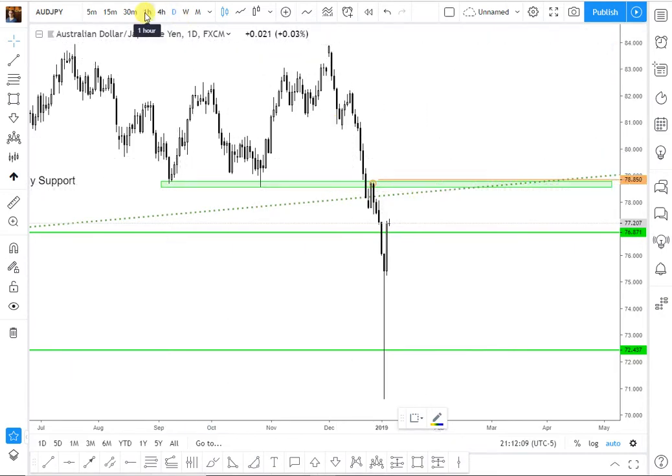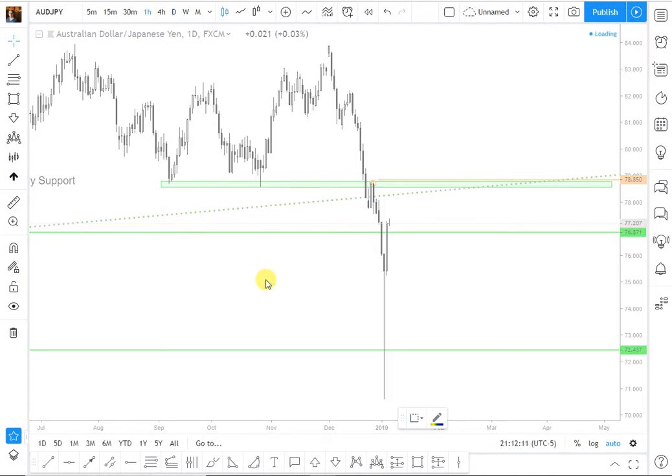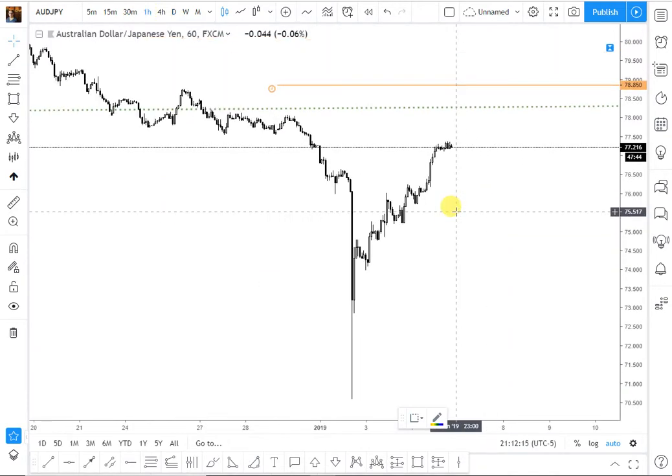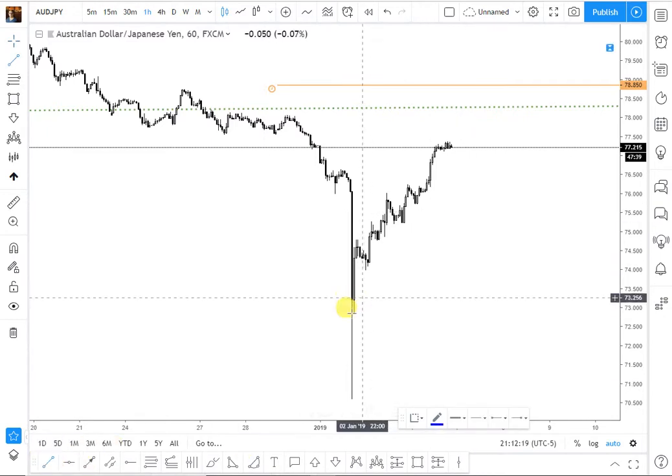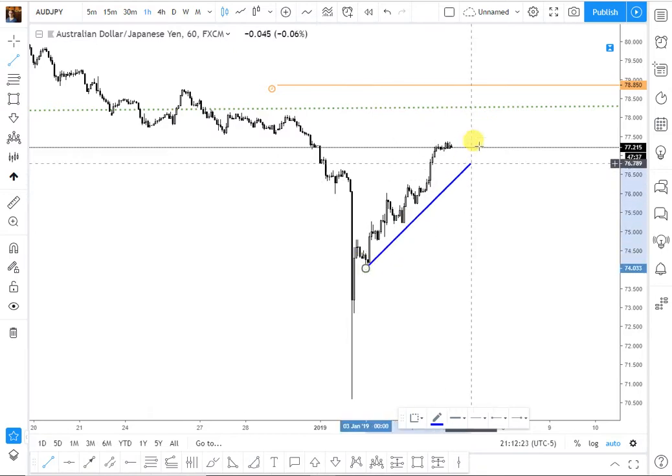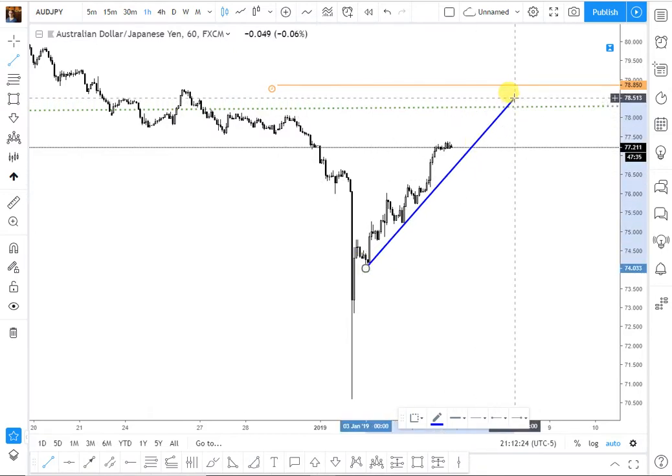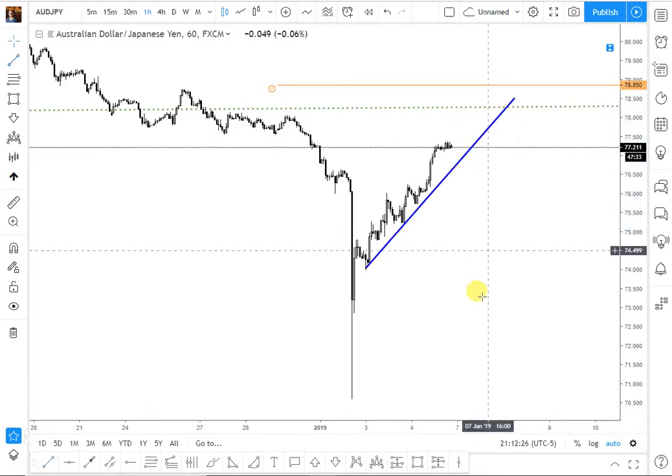This is a daily time frame, and I will wait on the 1 hour in this zone to find a reversal pattern. And we also have this support line.